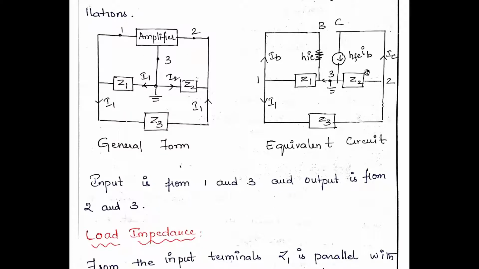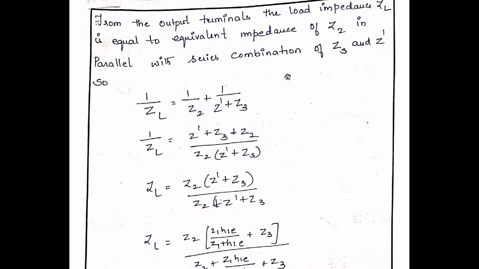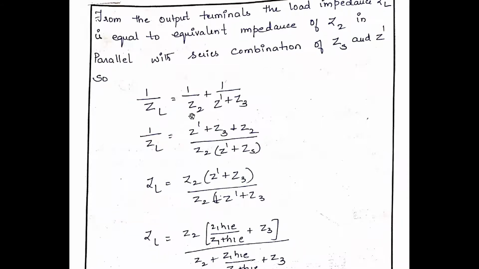The load impedance is the parallel combination of Z2 and Z3 plus Z dash.